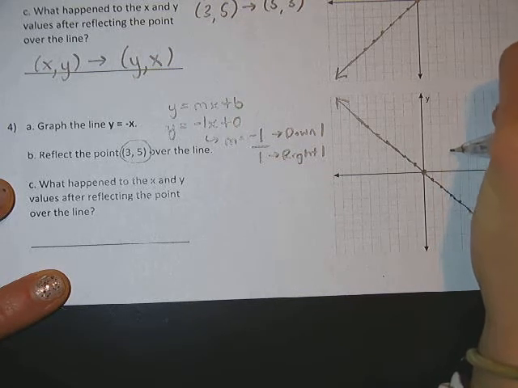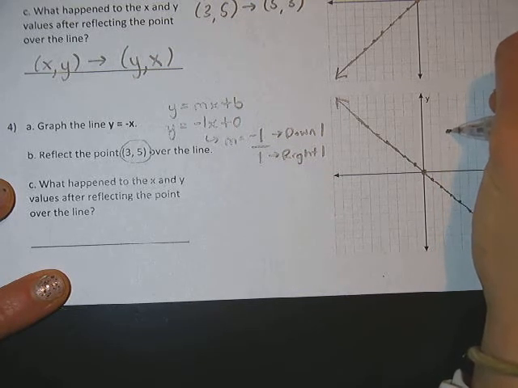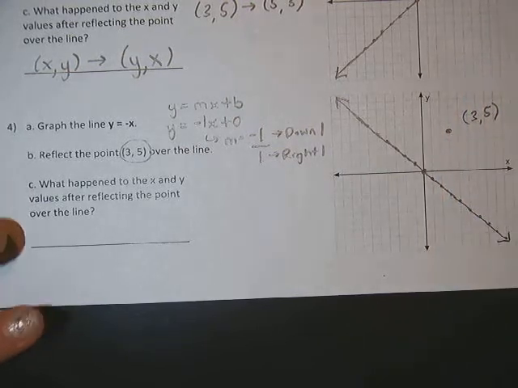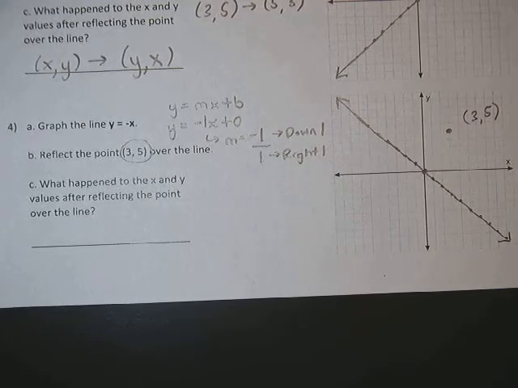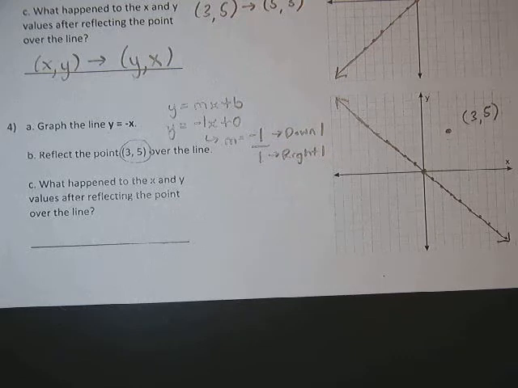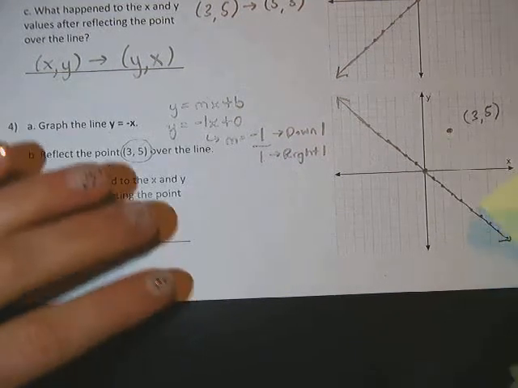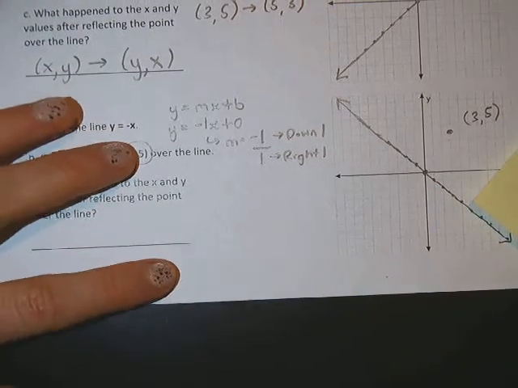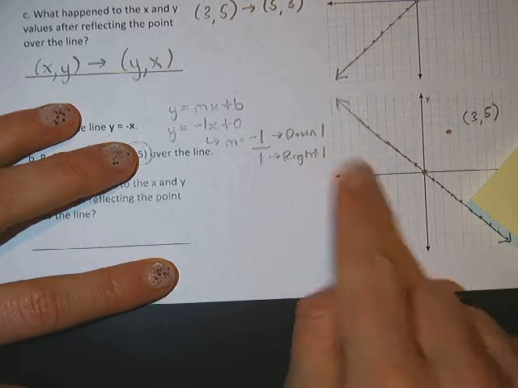3, 1, 2, 3, 4, 5. And then I'm going to count how far that point is away from the line, and then I do the exact same thing on the other side. So this one might be helpful to grab the edge of a sheet of paper or something like that. I'm just going to use a sticky note that I have. The reason why this one's a little harder is because that point is further away from the line.